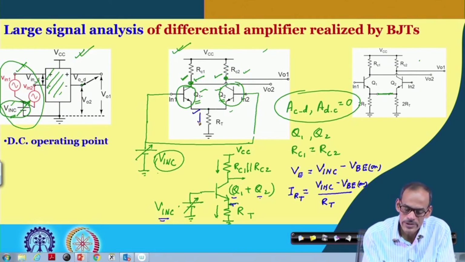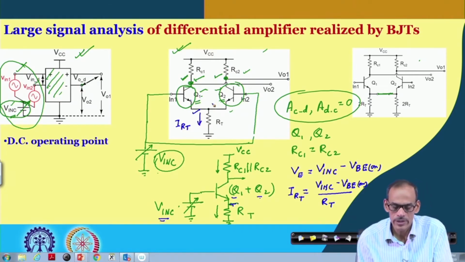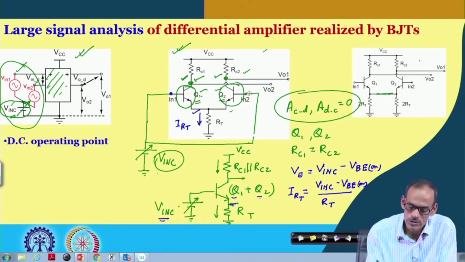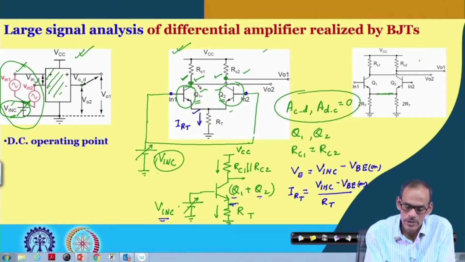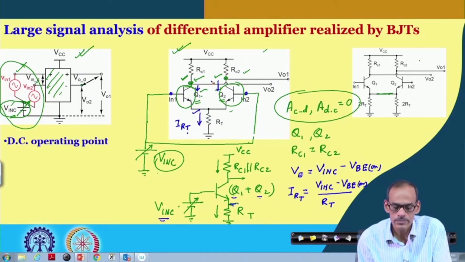In fact, this current is flowing through both Q1 and Q2. So, here also you can say this is IRT, which is the summation of the two emitter currents, and if I say that both of the transistors are identical, we can say that half of this current is the emitter current, and practically they are defining the corresponding collector current.